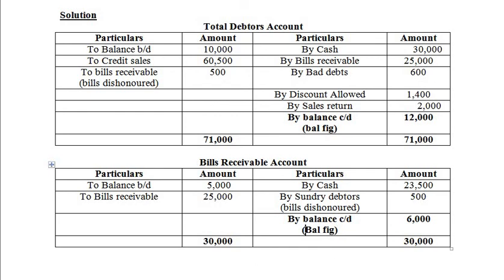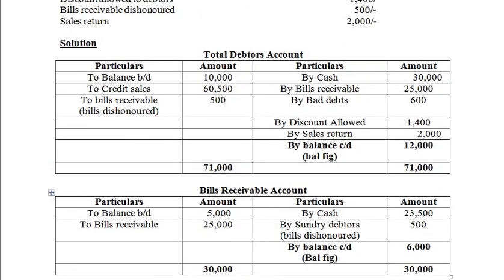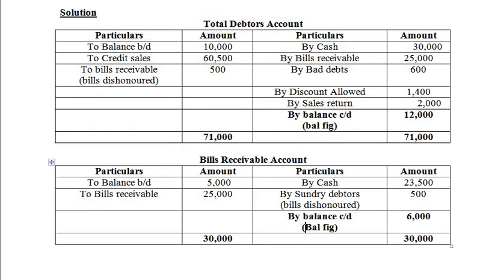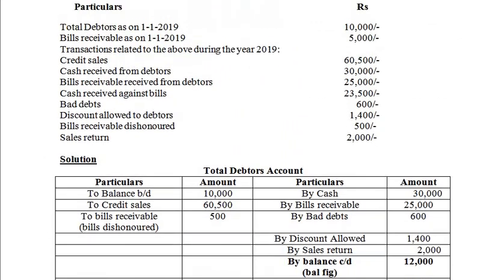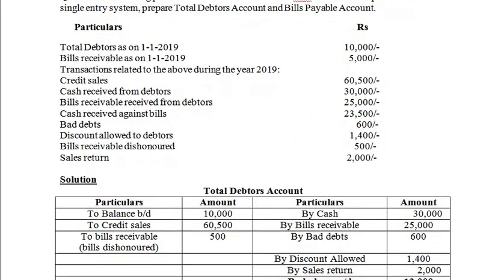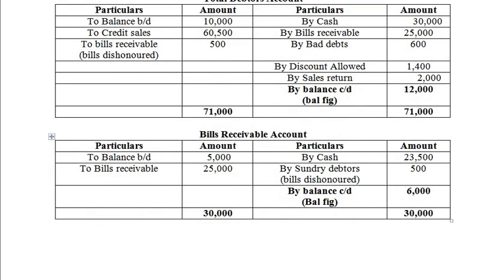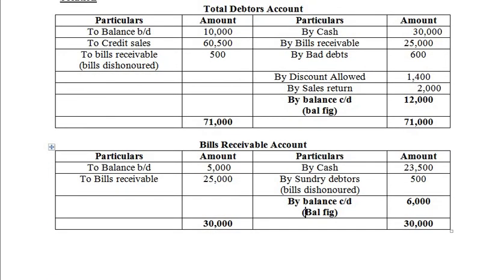So this is how you are supposed to prepare debtors account and bills receivable account. I hope the question is clear and you have got to know how to prepare bills receivable account and debtors account. This is the solution for the above question.